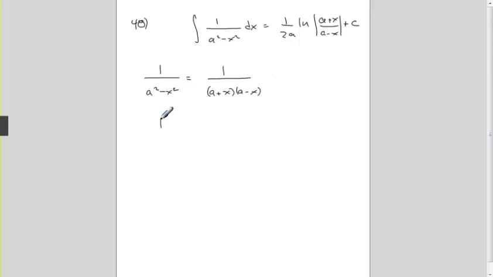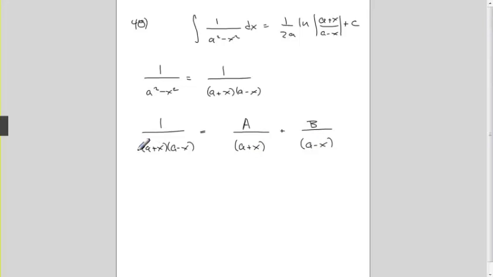Okay, so that's the thing we're trying to get to. And because these are distinct linear factors, when you have distinct linear factors, you just take two fractions and do as such with them.